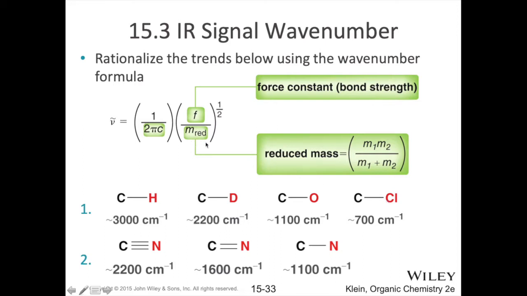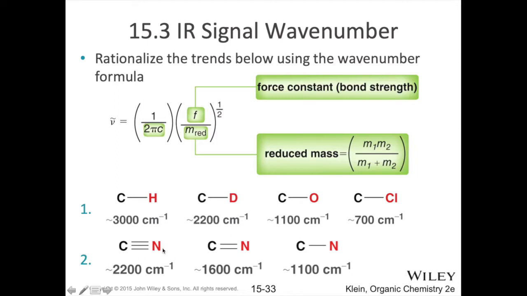Remember, our reduced mass is inversely proportional to our wave number; it's in the denominator here. So as our mass increases, and therefore our reduced mass also increases, our wave number is going to decrease. You can see that by the decreasing wave numbers for each of these bonds.